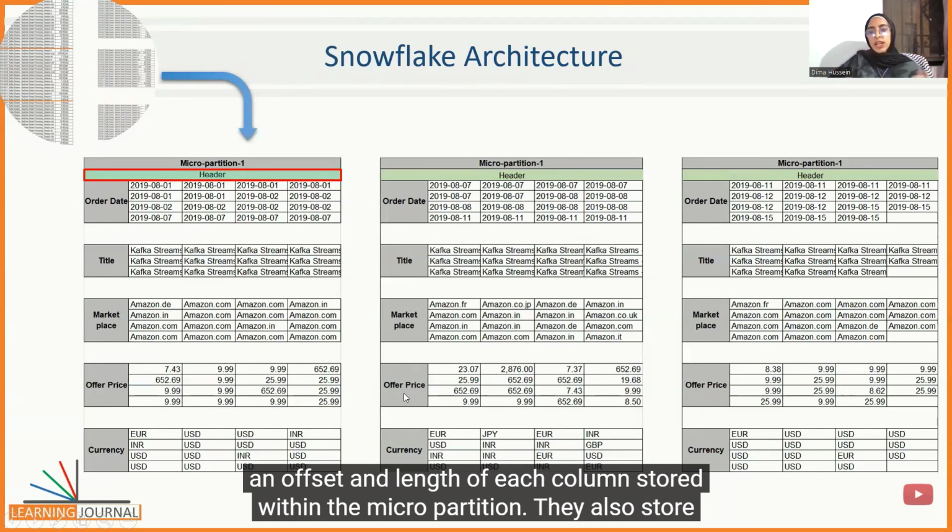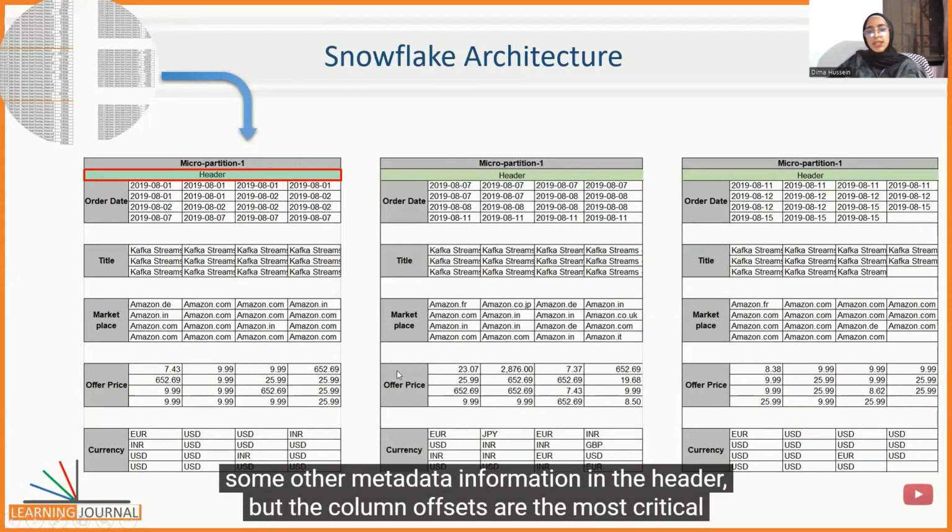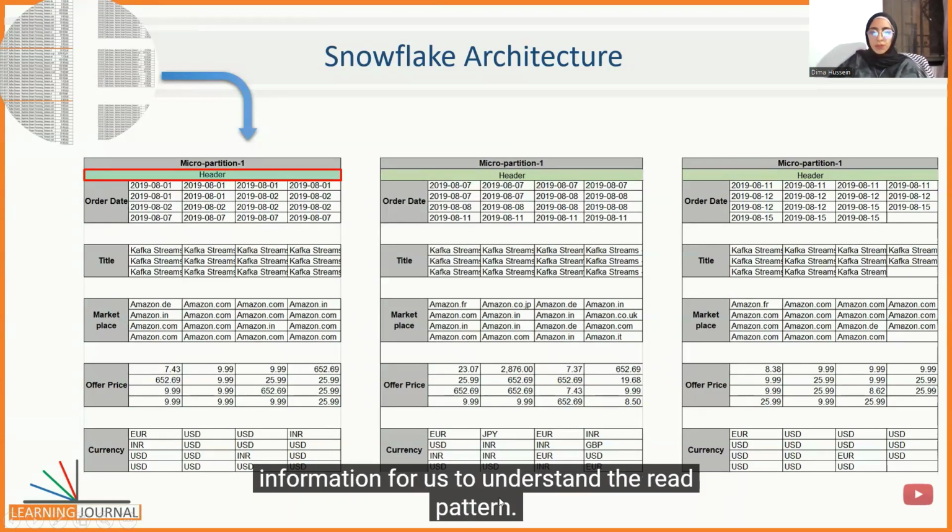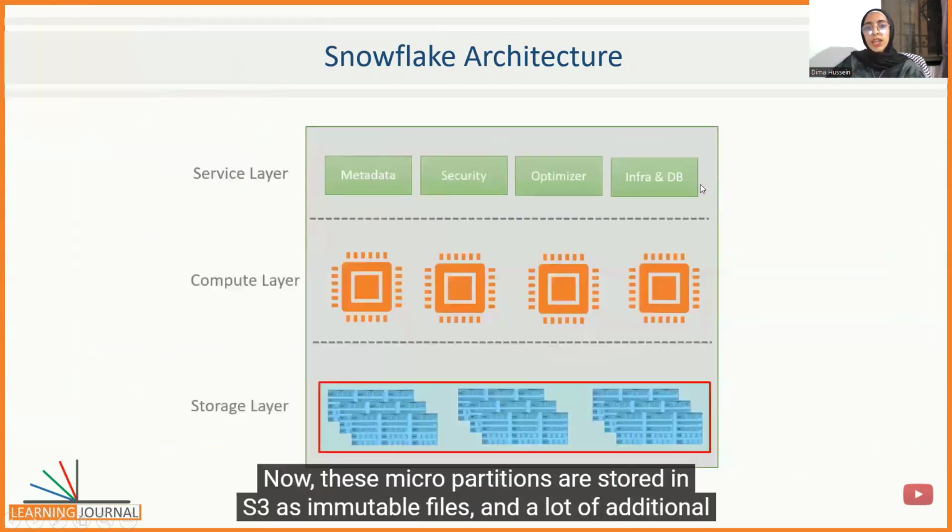They also store some other metadata information in the header, but the column offsets are the most critical information for us. That's why we need the header for each partition, so we can reach the column we need the data from using the offset of each column.